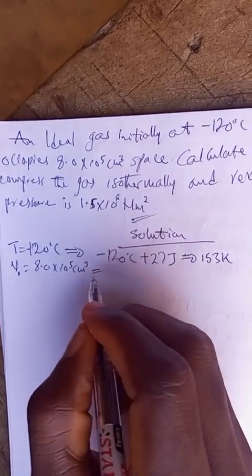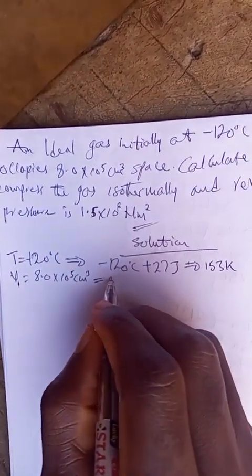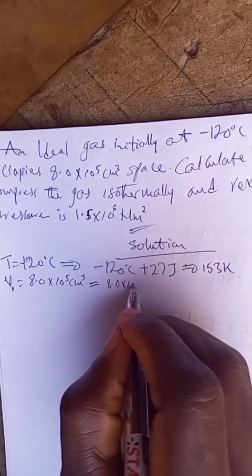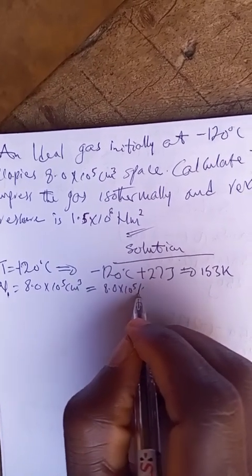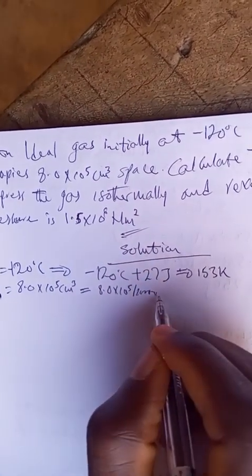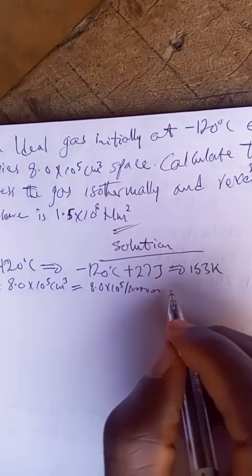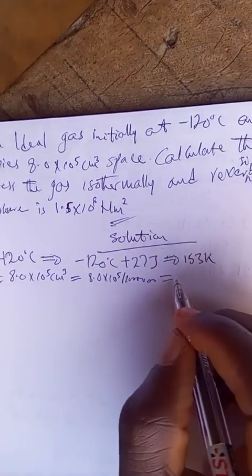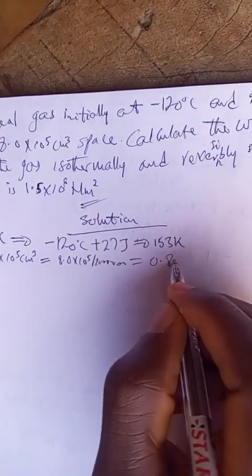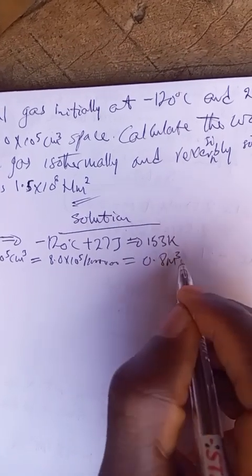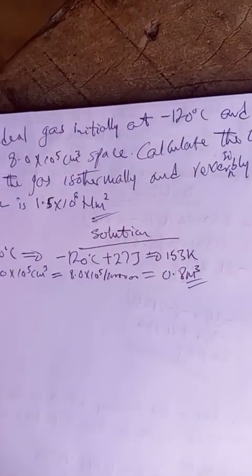So that will be 8.0 × 10^5 divided by 1 million cubic meters. The answer here will be 0.8 cubic meter.